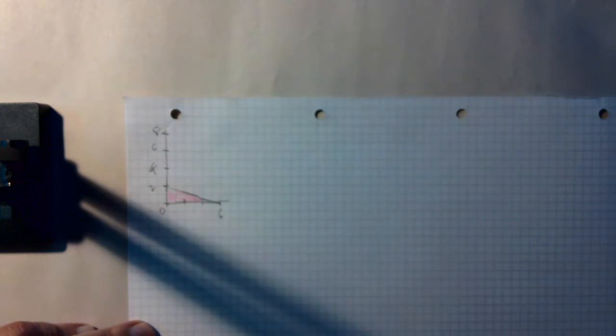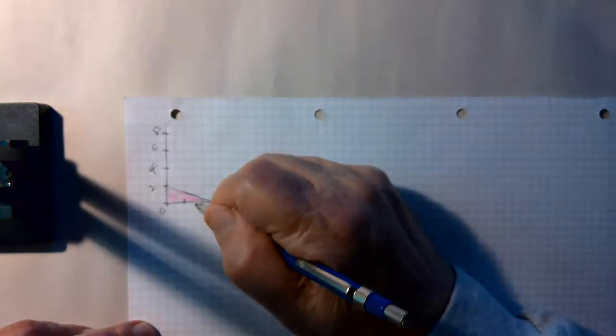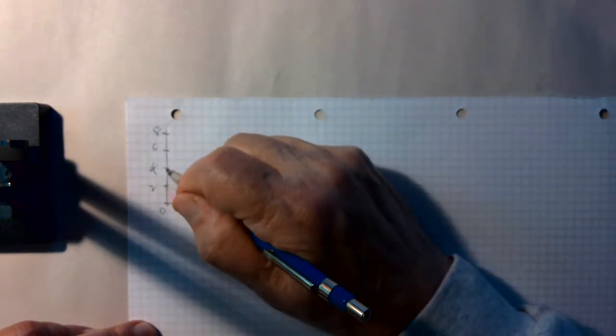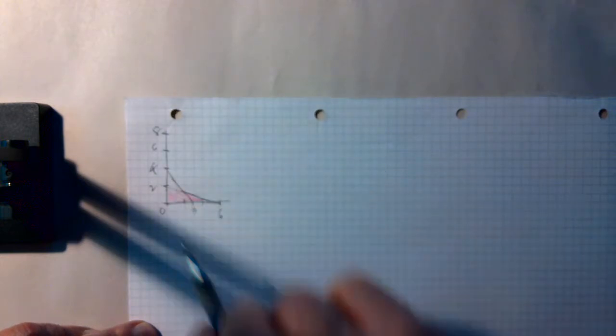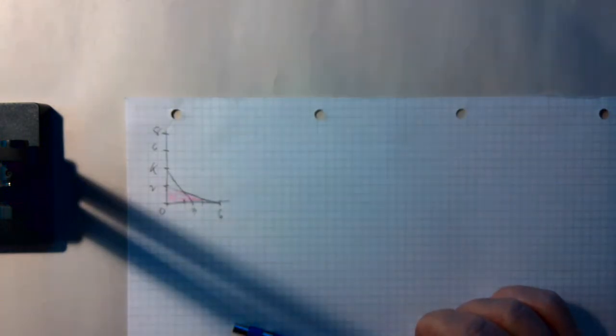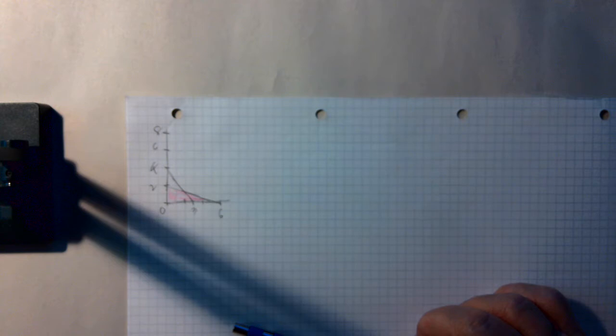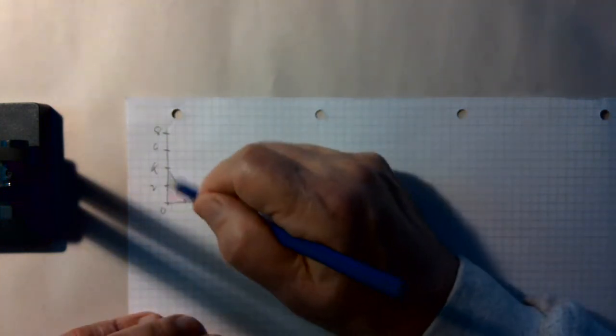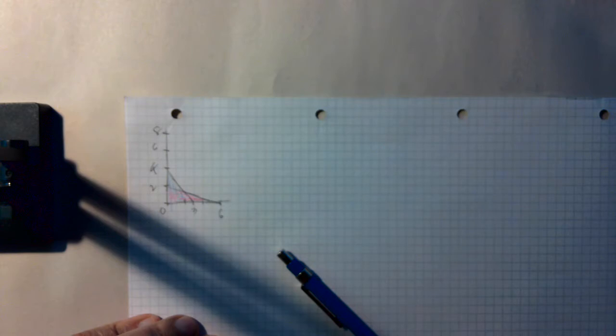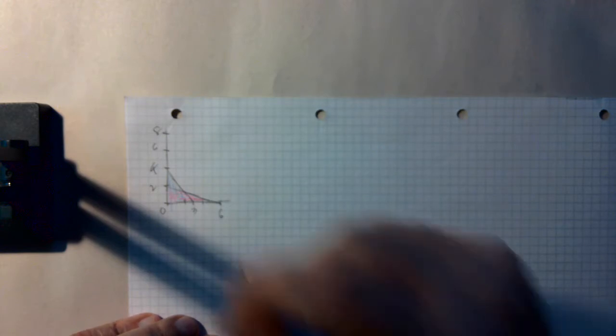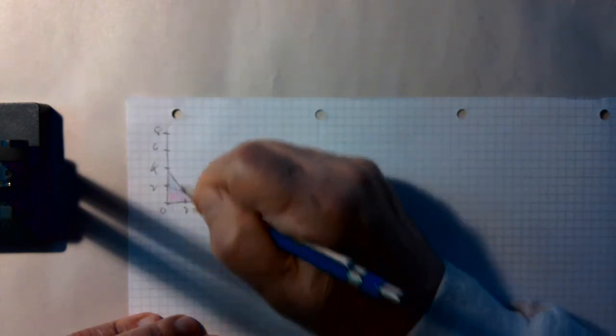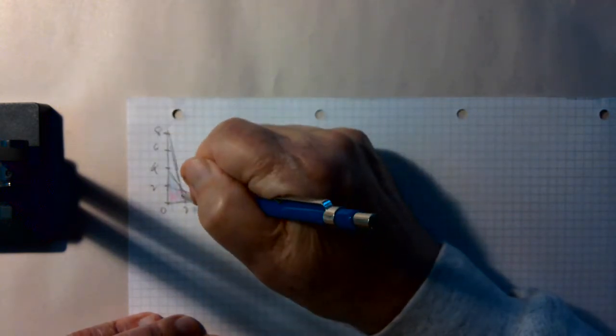For part B, we went from 4 to 3. For part C, we went from 8 down to 2.